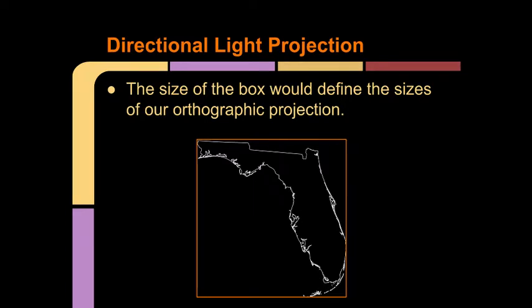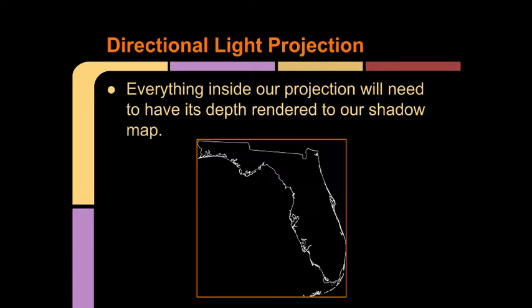The size of this box would then determine the width, height, near, and far values for our projection. Since everything in our world is contained inside the box, everything in our world would end up being rendered to our shadow map.